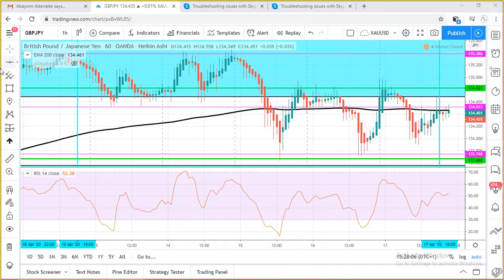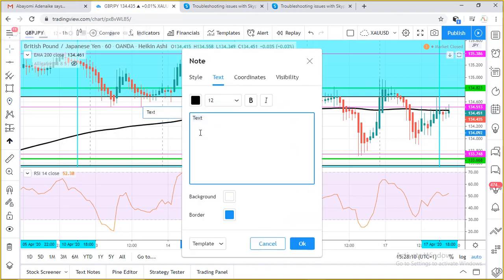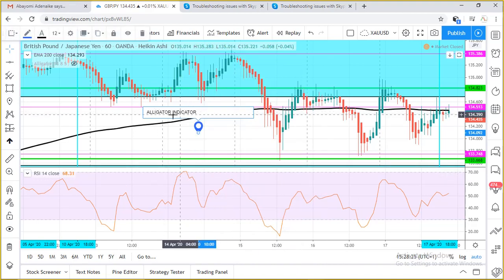If you have heard of it or seen the alligator indicator, please type yes.